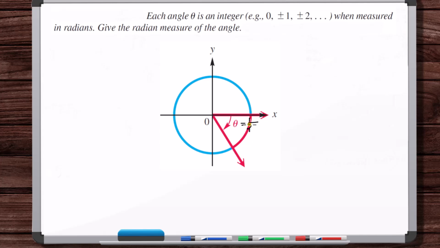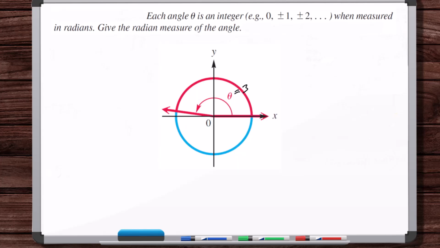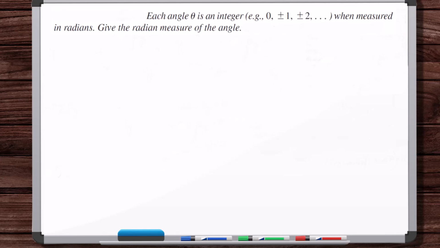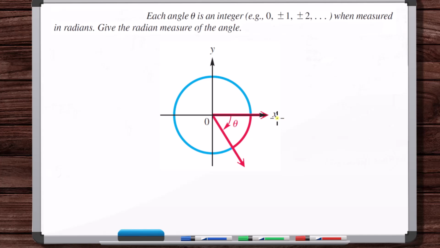Oh, well, wait, no. This is a negative angle. Okay, that's not right. Did I mess these up before? Okay, those are all right. Now, this is not 5 radians because we're going in this direction.